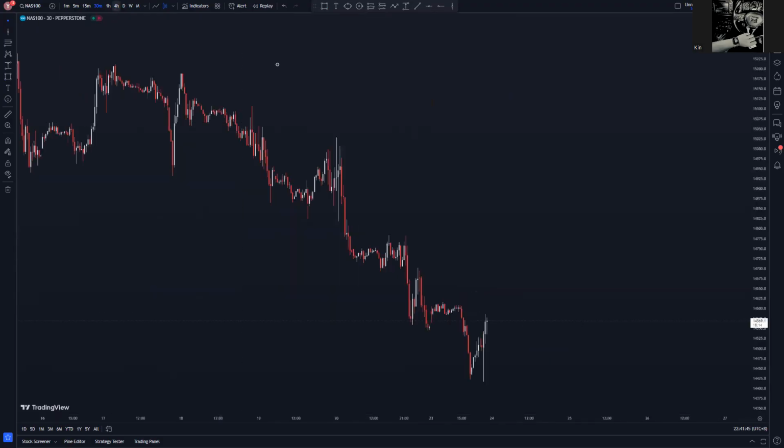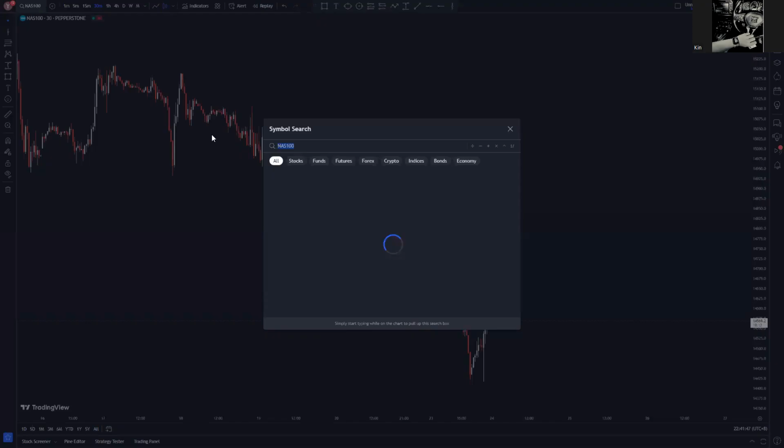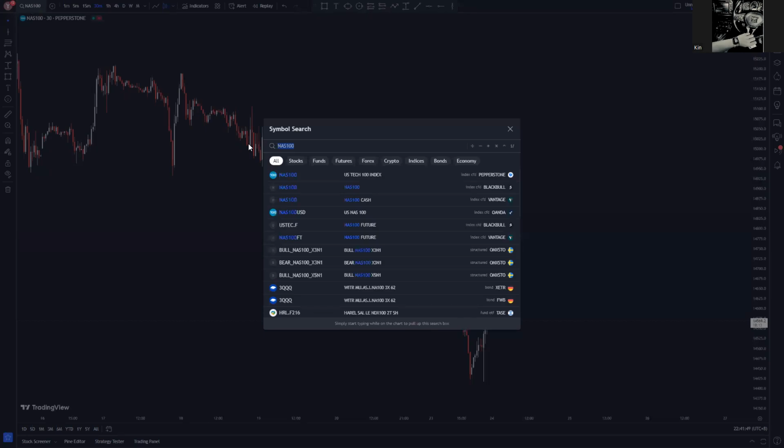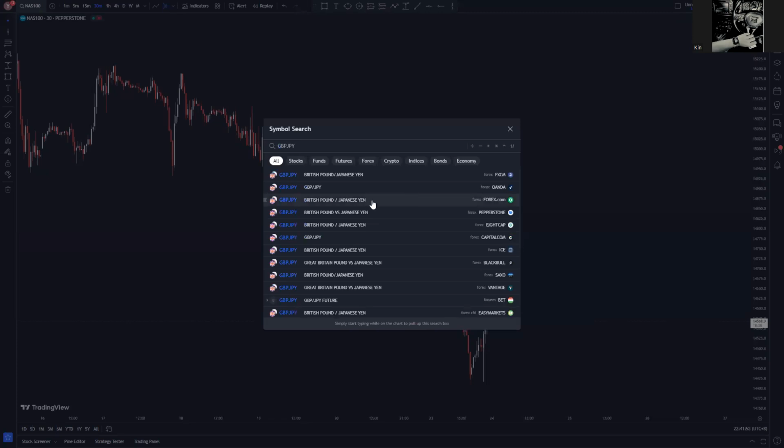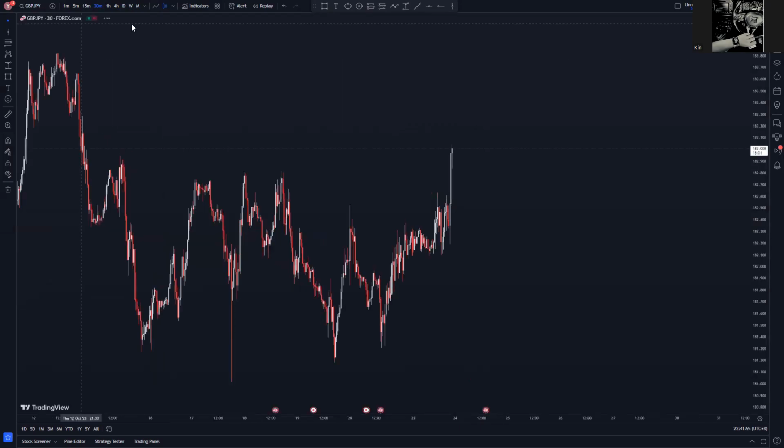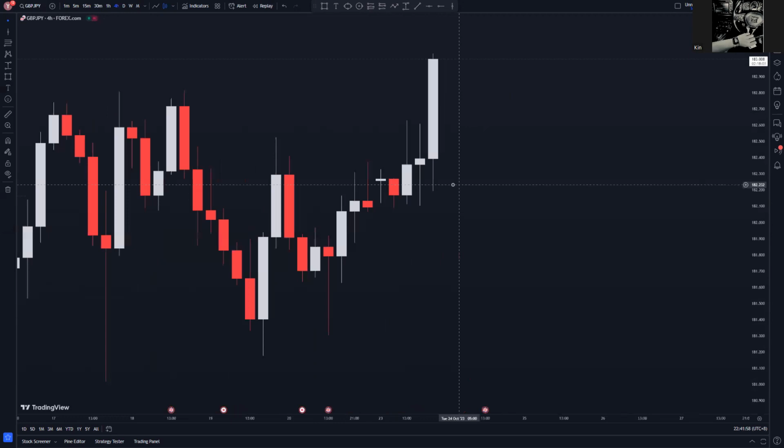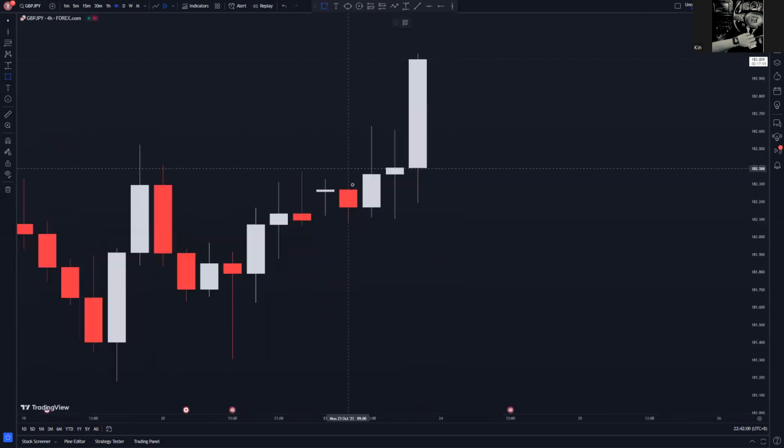Yeah, the movement of NASDAQ is actually the same as yesterday. Let's go to GBP JPY. Sheesh. What happened? EG buy. Get into the EG buy.